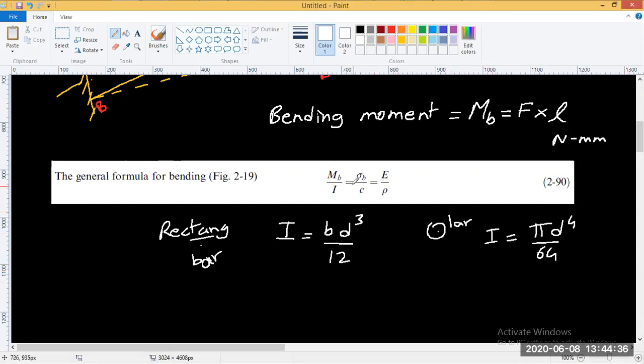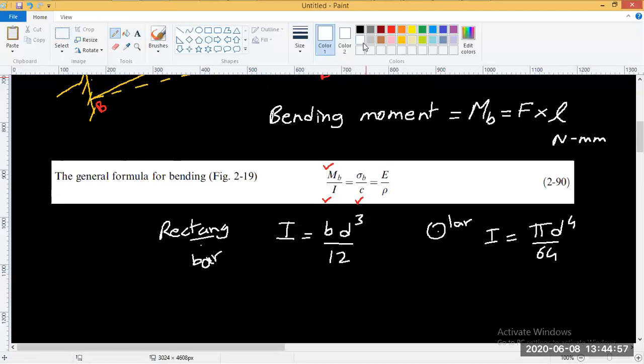One more thing. Three things are needed here. MB we know. We need to find sigma B. That means we need I and we need C. Suppose I want stress sigma B, I need to have at least the radius or the length, some value. So let's see how to find it.